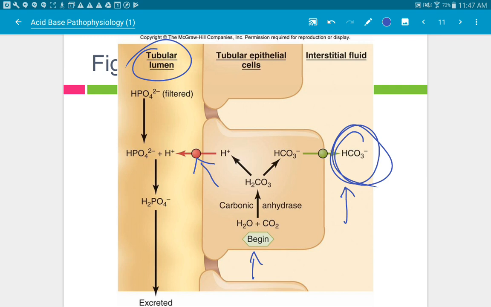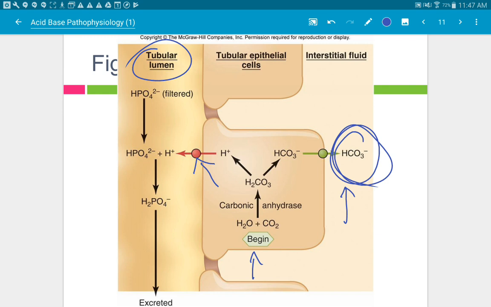You're excreting more hydrogen ions into urine, but you also are putting more bicarb back into the blood, which can then bind with the hydrogen ions. It's a double process here. The net gain, though, is your kidneys can make new bicarb.